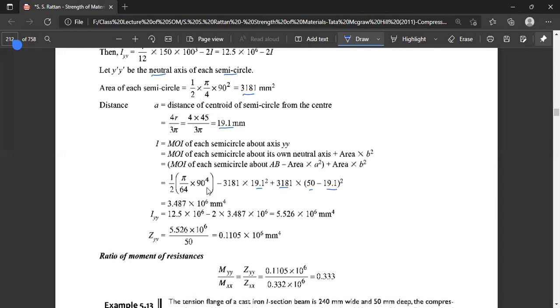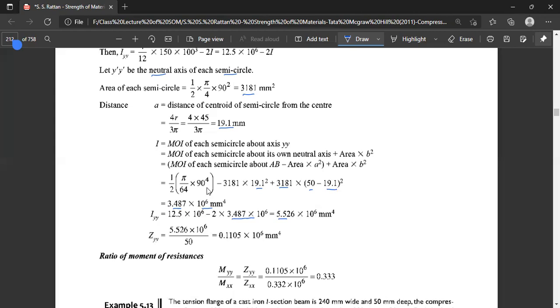So the y-axis moment of inertia of the full rectangular section with semicircular grooves will be equal to 12.5 times 10 to the power 6 minus 2 times 3.487 times 10 to the power 6, which we are putting here, and we got the calculation as IYY equal to 5.526 times 10 to the power 6 millimeter to the power 4.